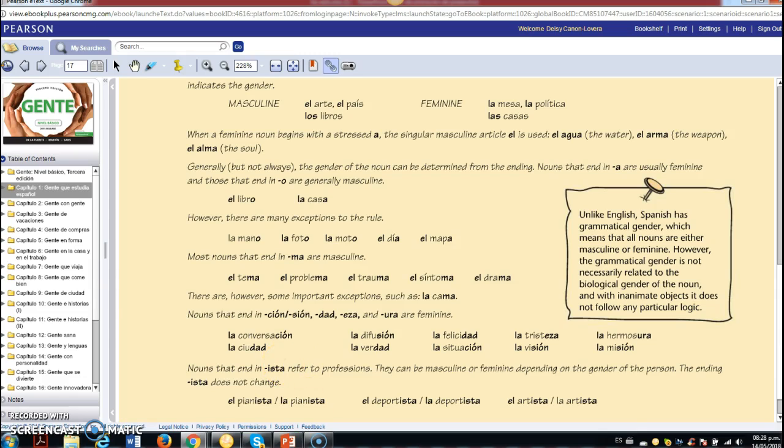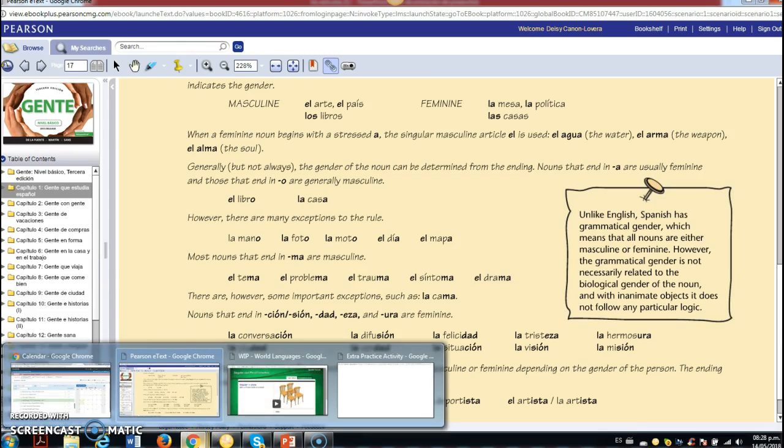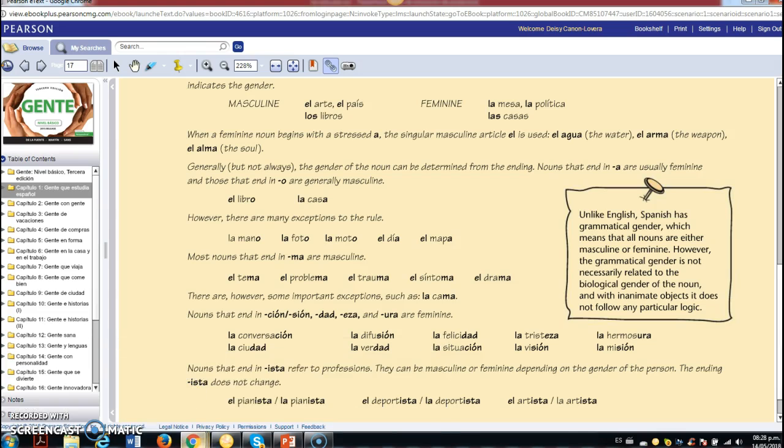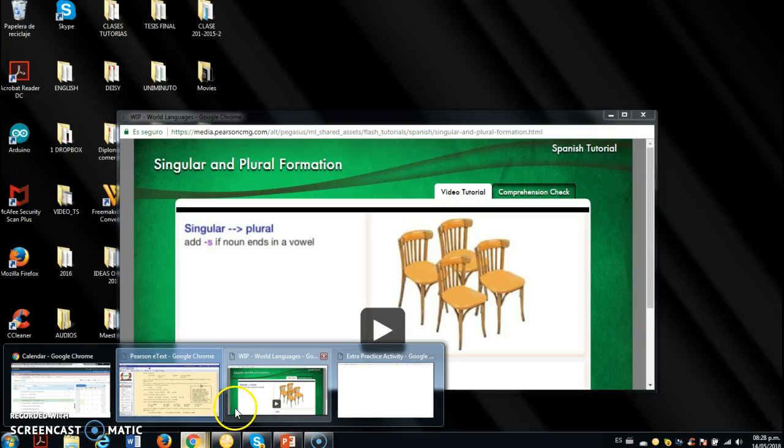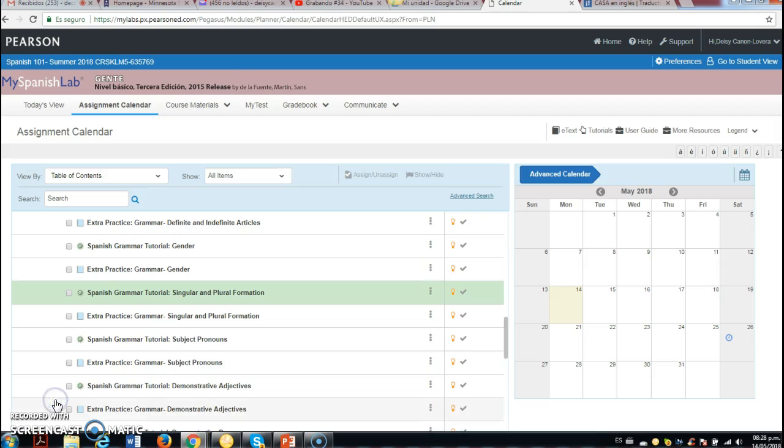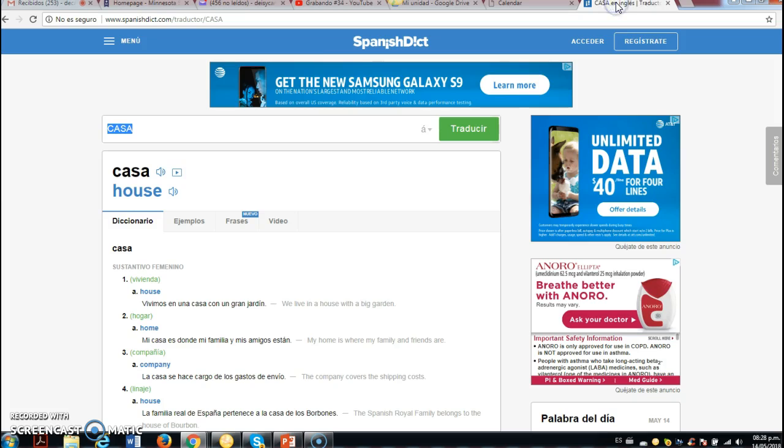Otherwise, I also invite you to check a dictionary. When you have a noun in Spanish and you are not sure if this noun is feminine or masculine, if you check a dictionary, you will find something like, in this case, for example, the word casa, they say sustantivo femenino. So you will know that you will use the article la.